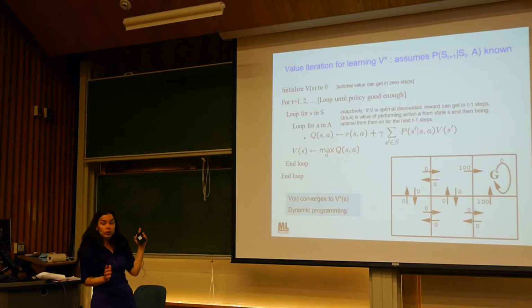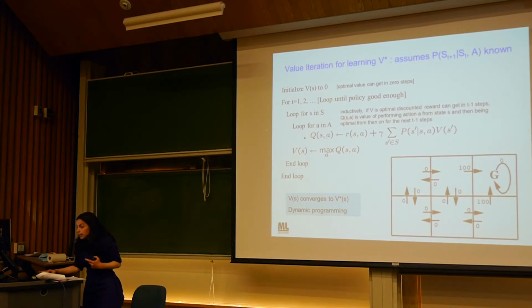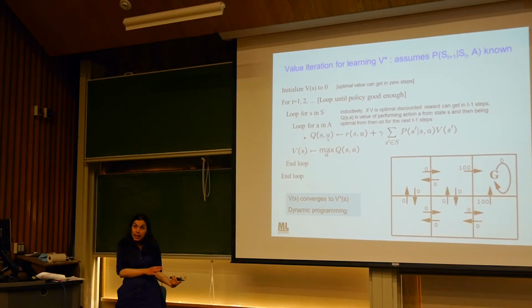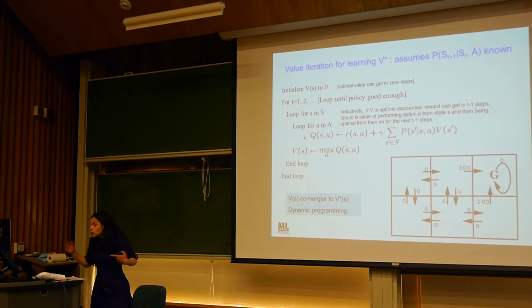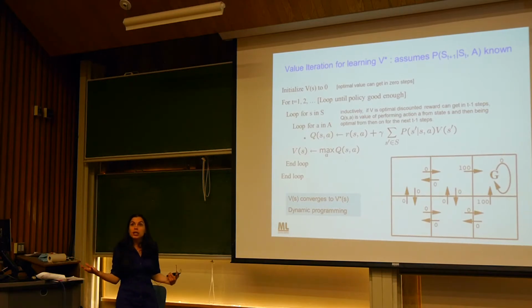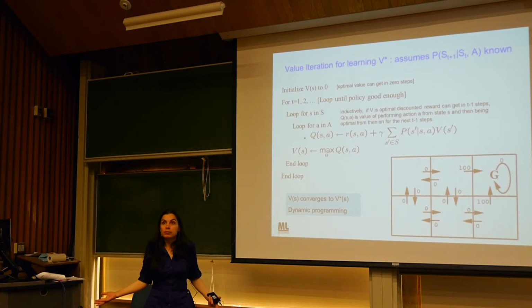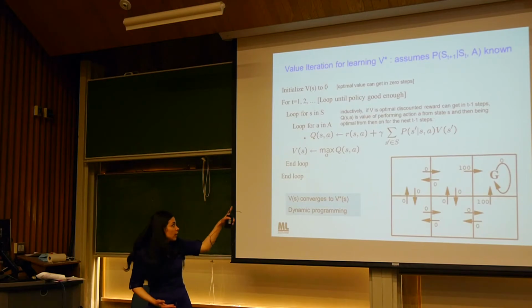Then, if this is the case, what did I do in my equation over here? What I computed and updated here is exactly this: Q of S, A is the value I can get by performing action A from state S, and from that moment on being optimal for t minus 1 time steps. This is what I did here.